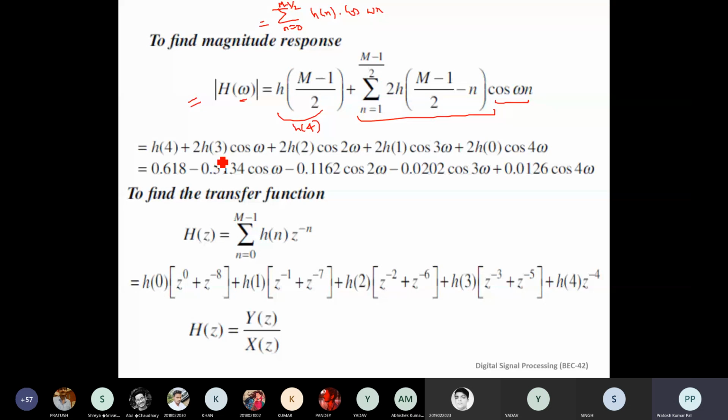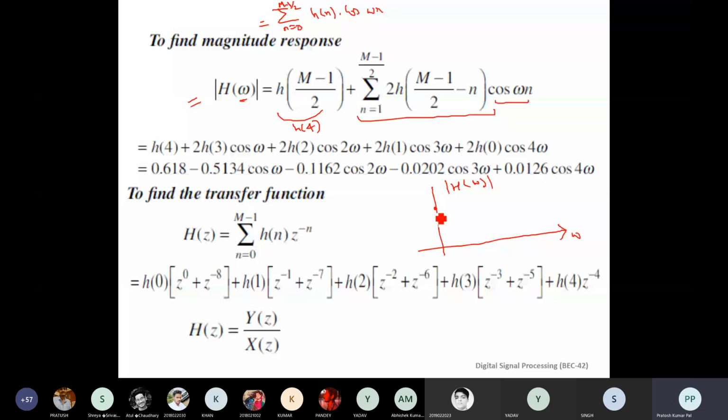After putting this in, we get the expression. The magnitude response will be plotted with respect to frequency. Once the frequency is 0, what will the magnitude be? Suppose for frequency equal to 0, the magnitude is this one.